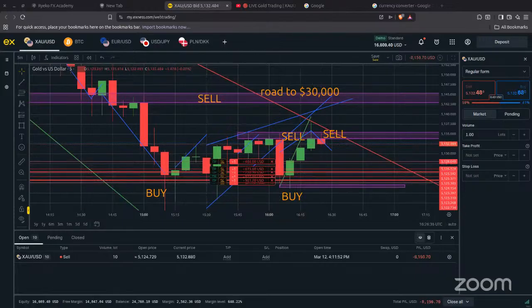So it's shifting. It's shifting to buy. Sell is more risky now. So it's shifting to buy.